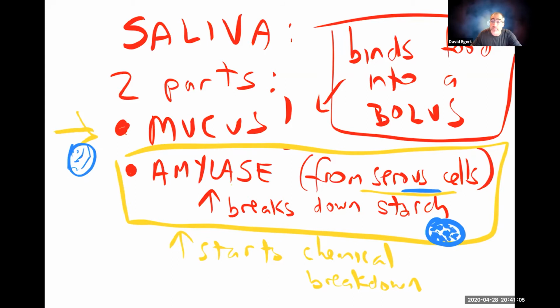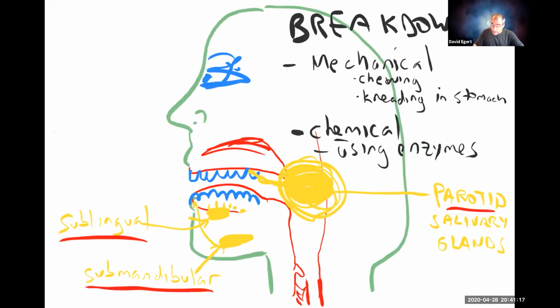When we get to the lab part, I'll talk more about what salivary glands look like. Parotid glands are mainly serous cells, making basically a watery enzyme solution. Sublingual are mainly mucus. And the submandibular are more mixed.